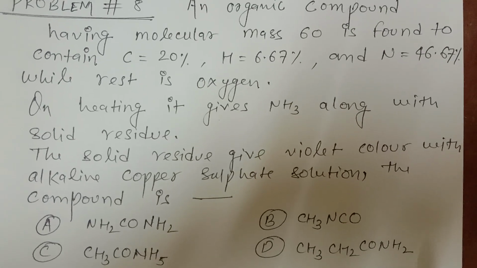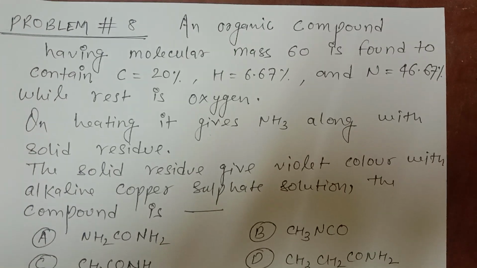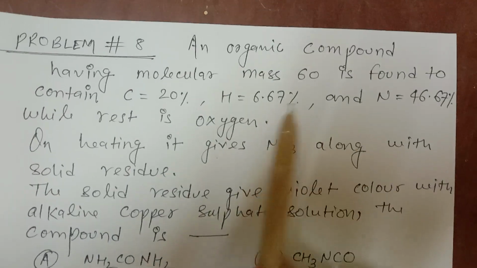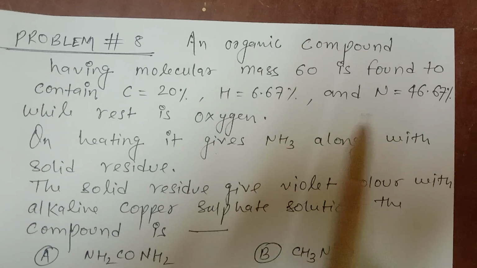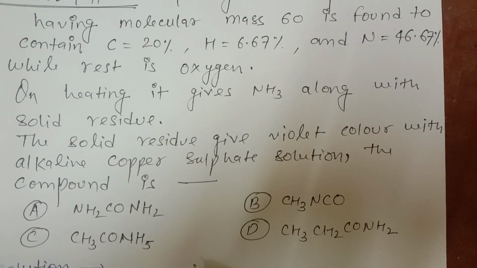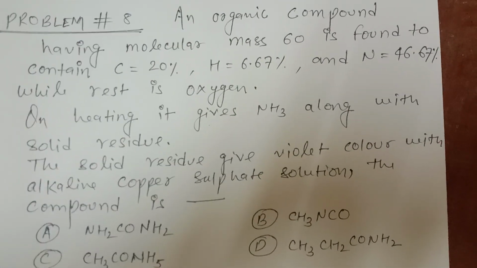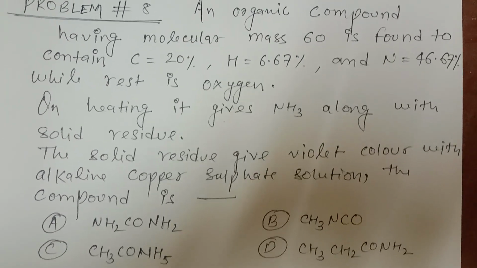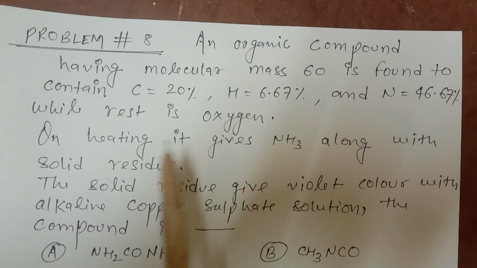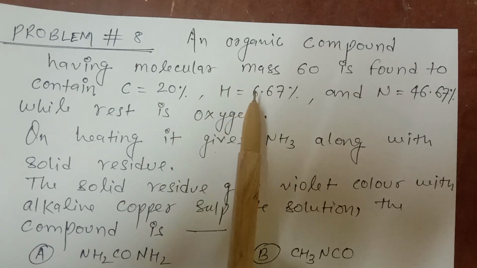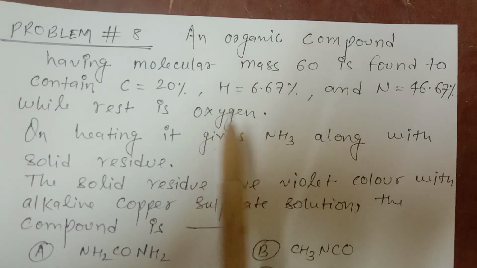So students, we will solve this problem based on the percentage. Here the percentage composition is given. Based on this we will calculate the molecular formula, and then compare which option is correct. First we have to calculate the percentage of oxygen, because the percentages of carbon, hydrogen and nitrogen are given, but oxygen is not.